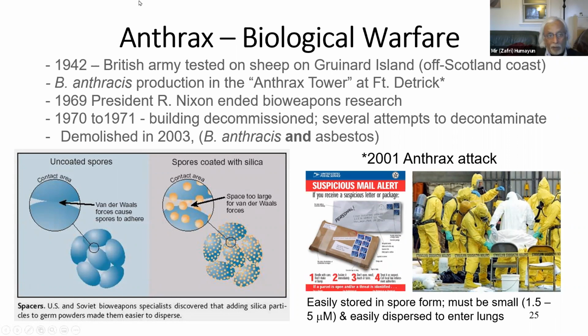However, people discovered early on in the 1940s, the British, the Soviets and the United States, that if you coat the spores with silica, then the clumping does not occur and the spores remain discrete and much easier to disperse. This was basically what was achieved in weaponization. And somebody in the 2001 attack knew how to do it. It's extraordinarily difficult to achieve that without killing yourself, but somehow it was done. The anthrax attacks are well documented, but the case is still not closed.